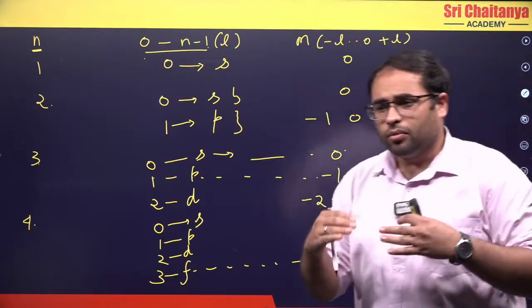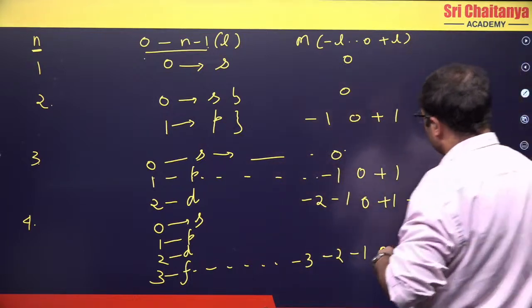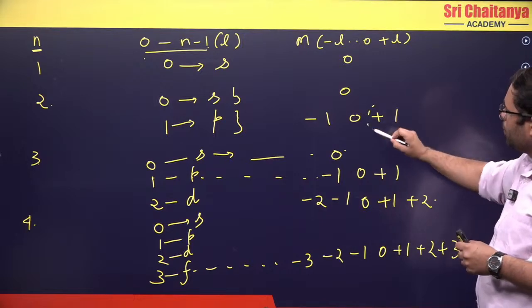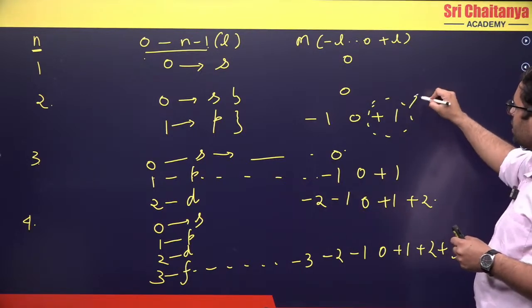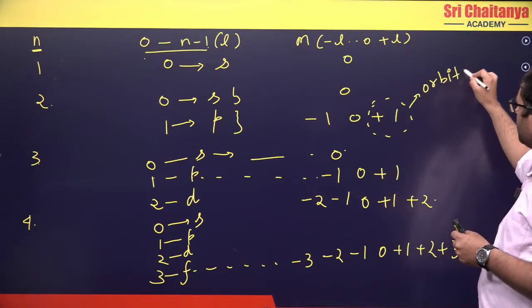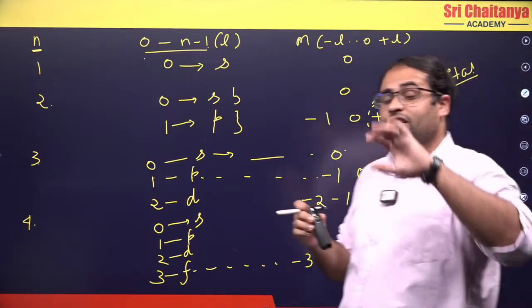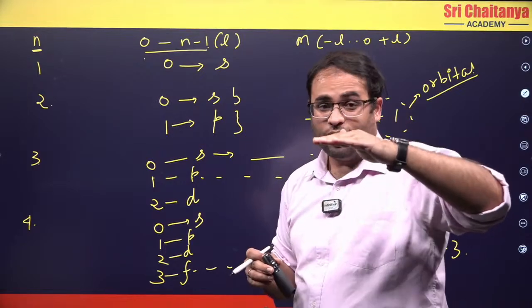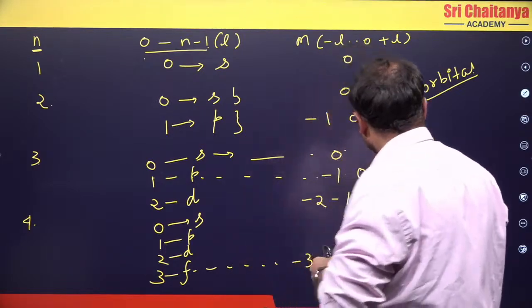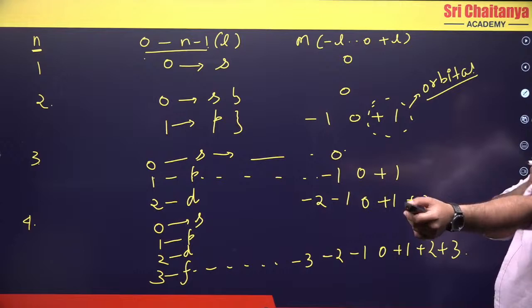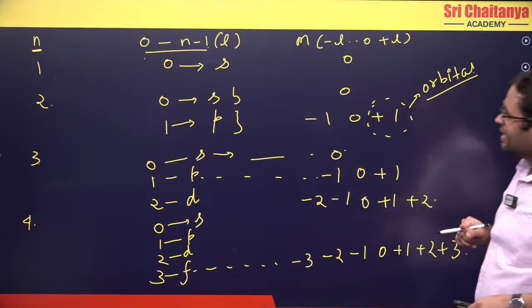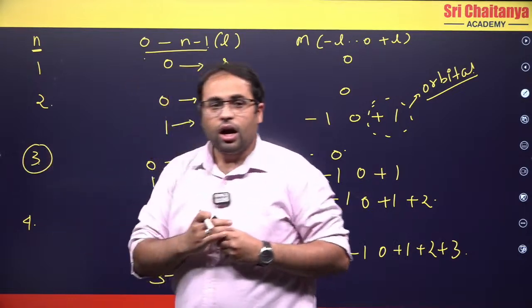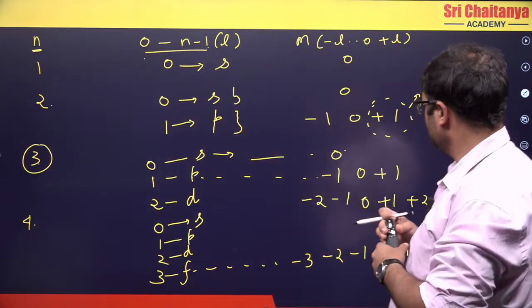Now, some inferences we are going to get from this. What are those inferences? Each value of this M represents an orbital, right? So, we started from shell, we went to subshell, now from subshell we are going to orbital, right? Now, tell me in N equals to 3, how many orbitals are there?